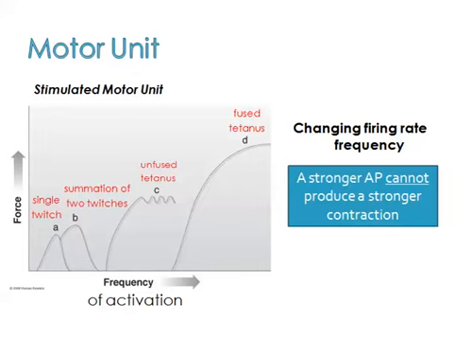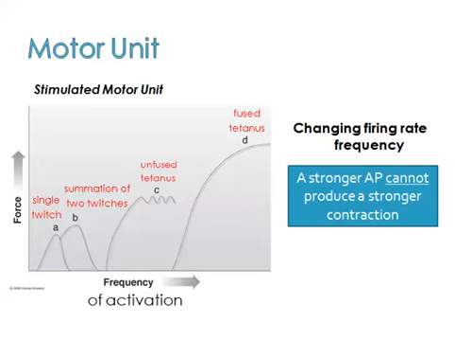Fused tetanus is where the frequency of activation of motor units is occurring so high or so quickly that everything smooths out. They build upon each other in an optimal way, and this is how we ultimately get smooth, coordinated movement to happen. And essentially what this figure is showing us are changes in firing rate frequency.